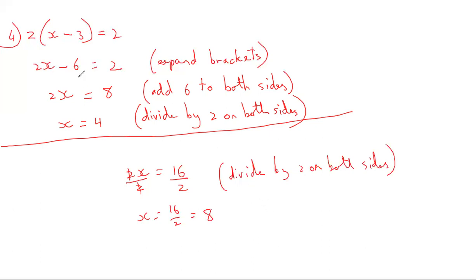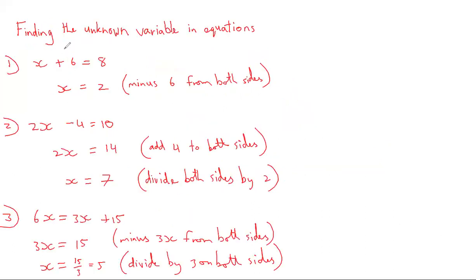So when you're minusing, you add to get rid of it. When you're adding, you minus to get rid of it. When you're multiplying, you divide to get rid of it.